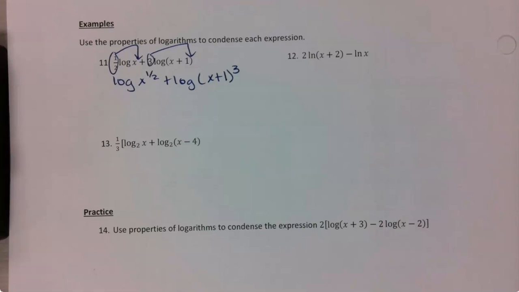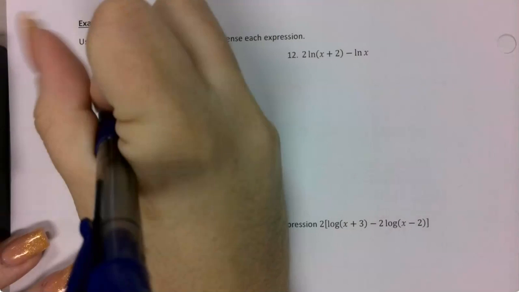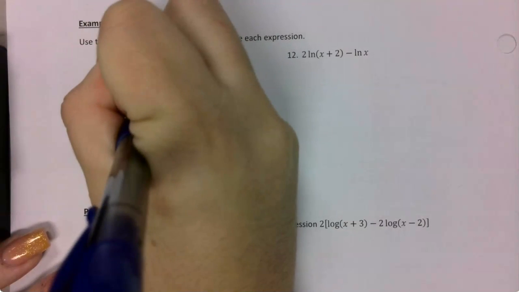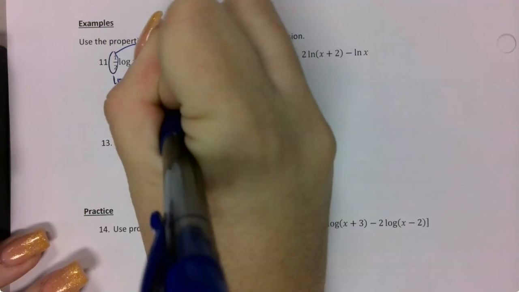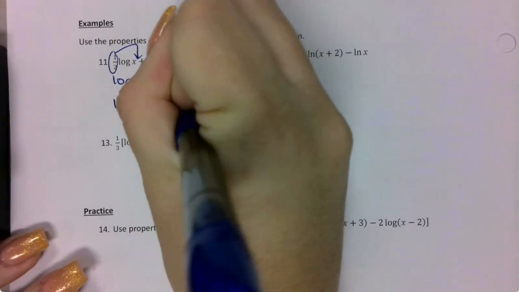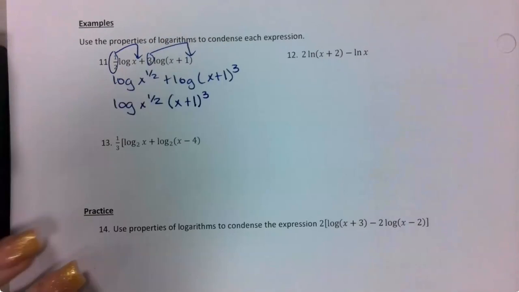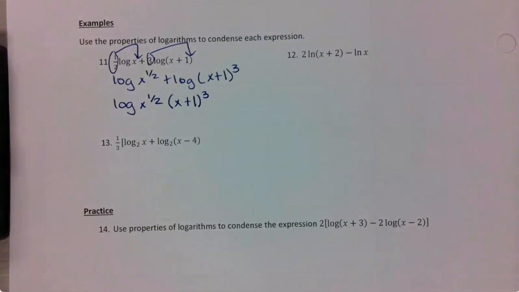Then what should I do next? Okay. I heard multiply them first. Anything else I can do here?